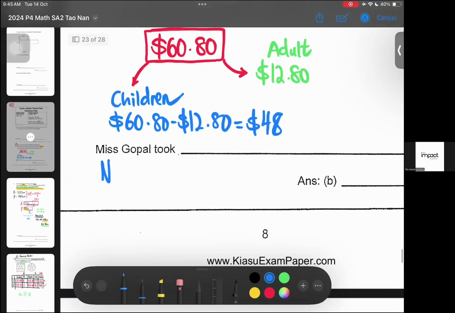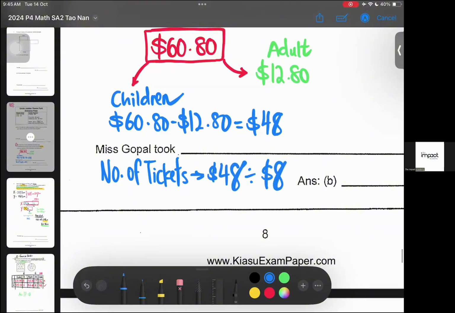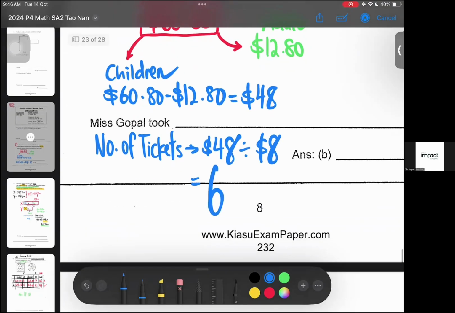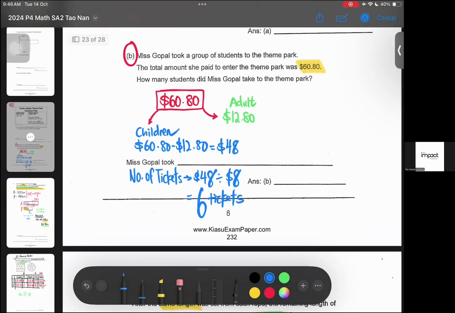Exactly, the number of tickets is 6. $48 divided by $8, because one ticket is $8. Understand or don't understand? So therefore she actually had 6 tickets for children. How many students did Miss Gopa take to the theme park? Your answer has to be 6.